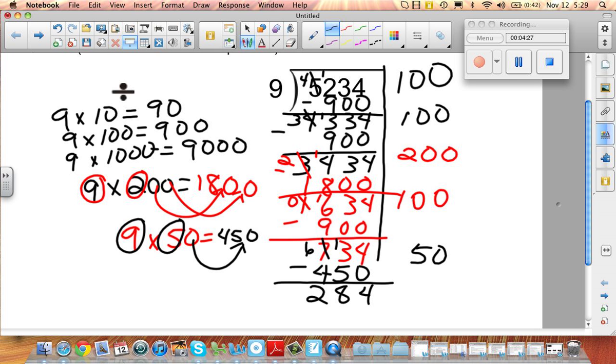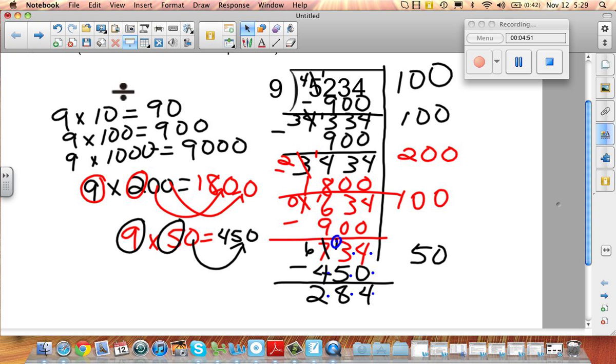So now the problem with this algorithm is all the subtraction. It's easy to make a mistake with subtraction. So you'd be wise if you checked your work, like 4 plus 0 is 4, and 8 plus 5 is 13. There's my 1, okay? And 2 plus 4 is 6, plus that 1 is 7. Yeah, I'm doing okay. But this is where you can go wrong with this one.